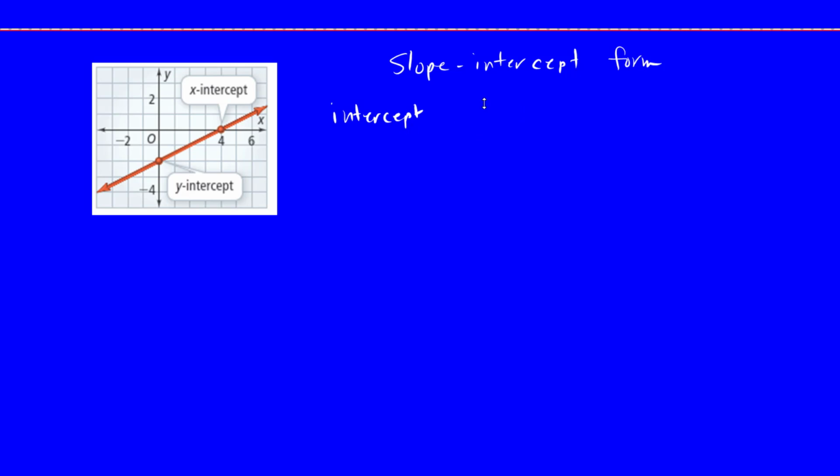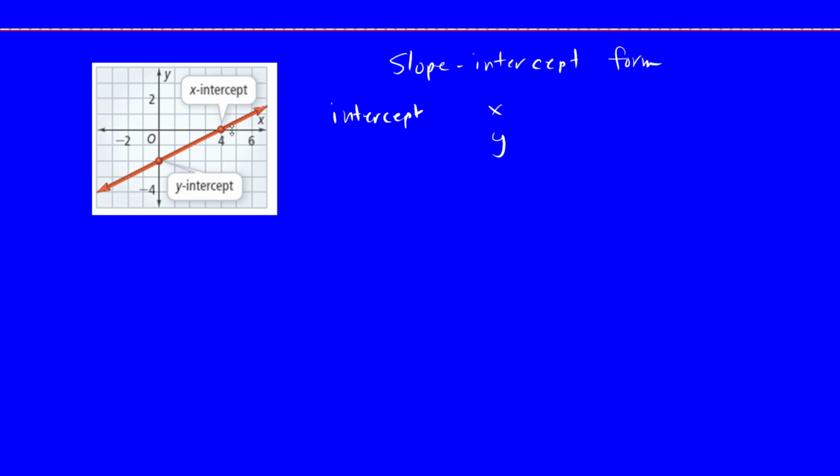So we have an x-axis, we have a y-axis here. So the y-intercept then is going to be the point at which the line crosses the y-axis. Right there, that point is called the y-intercept.